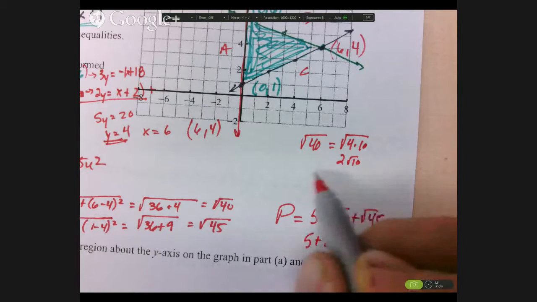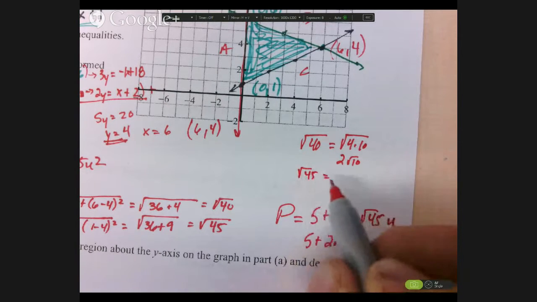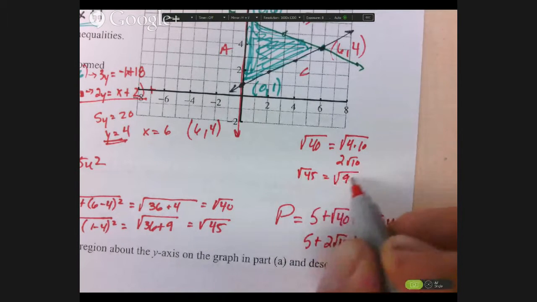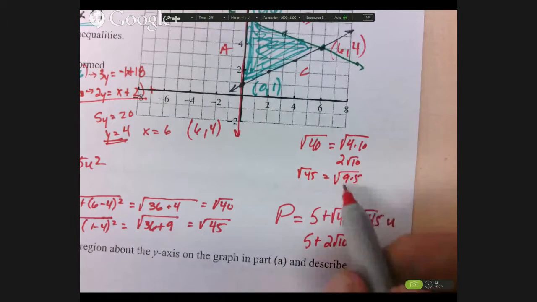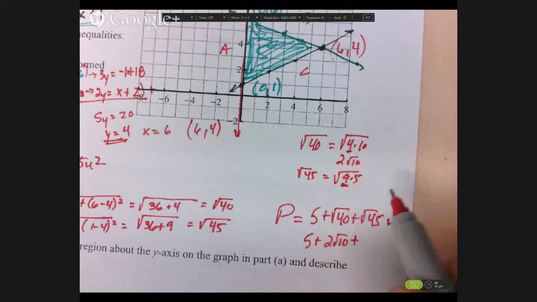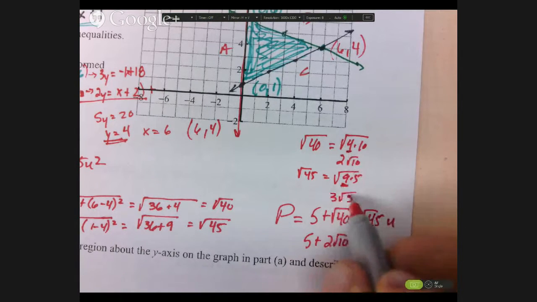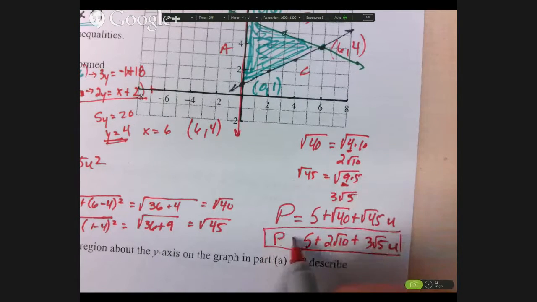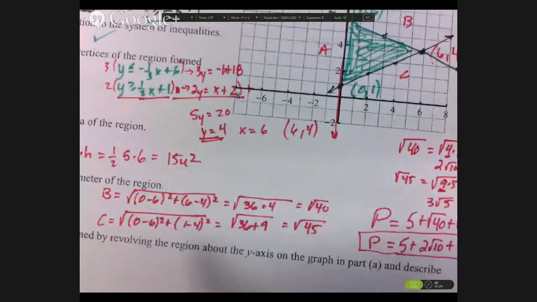And 45, we can split into what? 9 times 5? We're looking for a number with a perfect square root. So it's 3 root 5. All right, that right there is our perfect perimeter answer. And we have an area that was really nice to calculate.